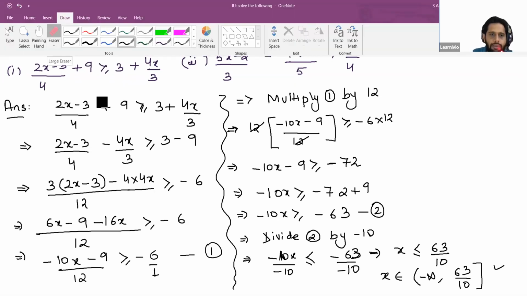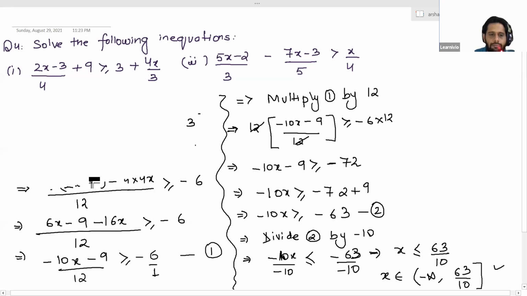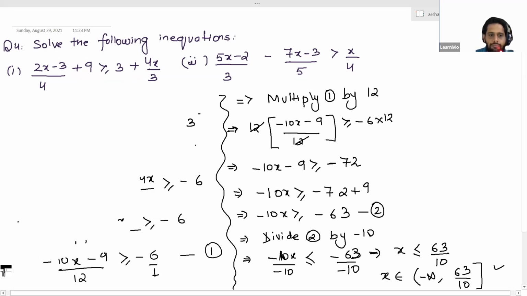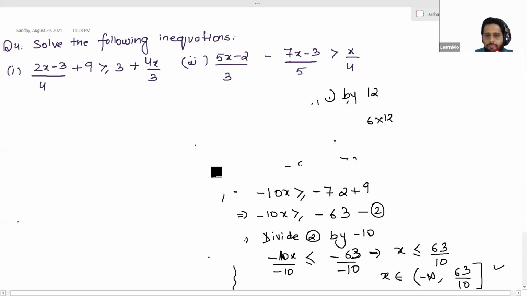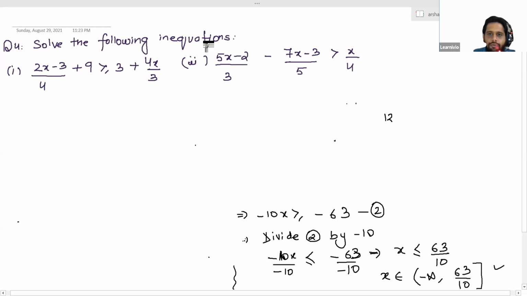Then just give me a minute. I will draw the number line. Please tell your answer from this number line.